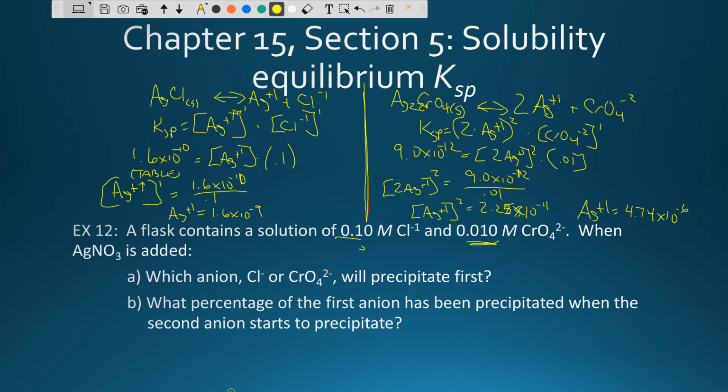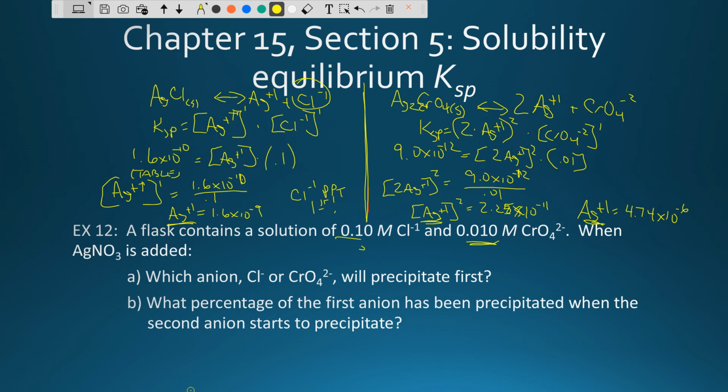What this means is this is my smaller number. This is times 10 to the negative 9. So that means that this one is going to be precipitating out first. What was I working with? My chloride precipitates first. Because it's giving me a smaller silver value, okay, a smaller silver value means I run out of this, I precipitate this one out first.